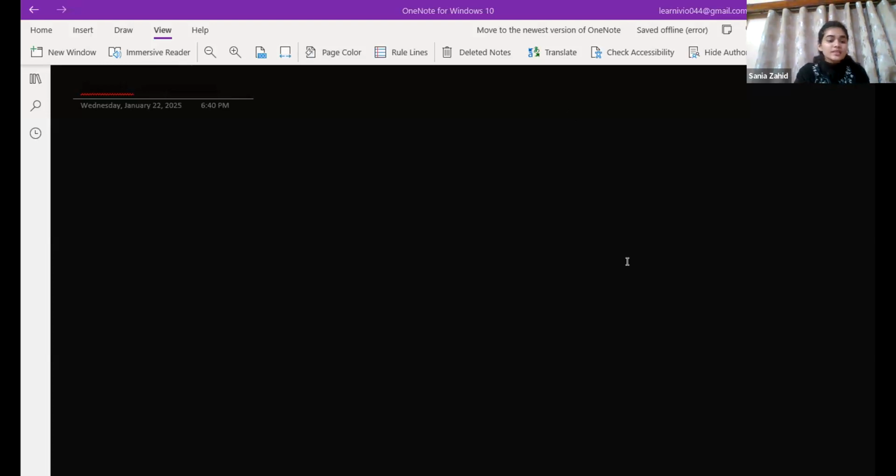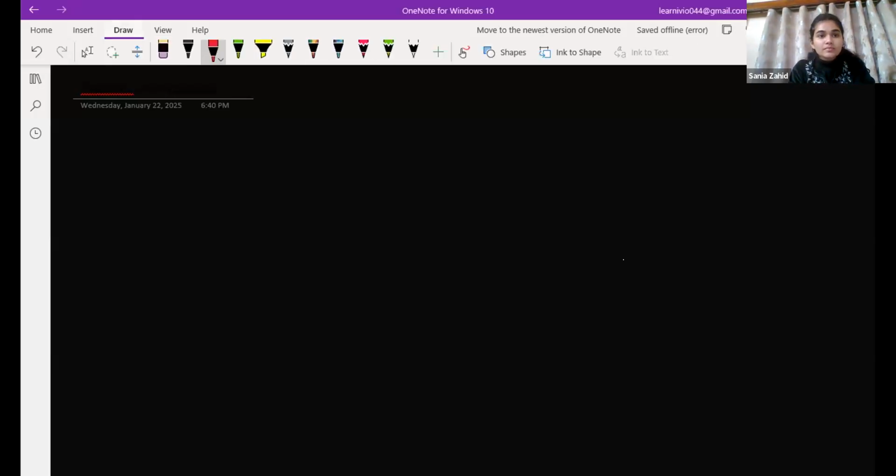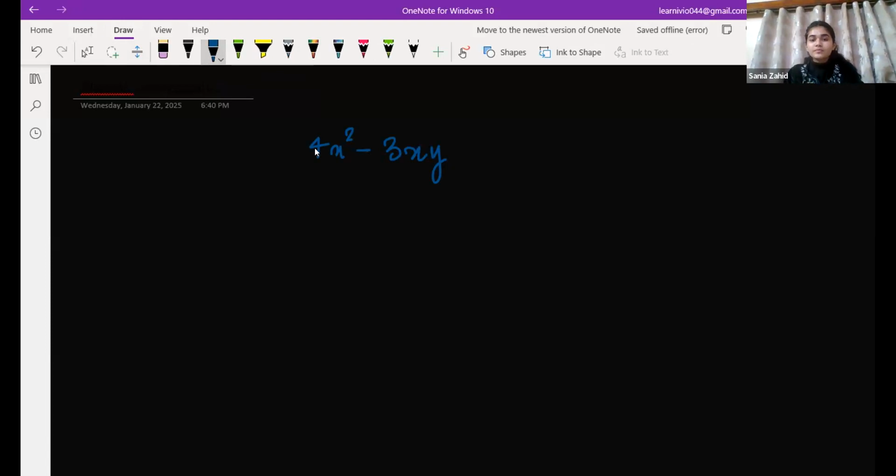So in the lesson, algebraic expressions, first of all, you need to understand what you understand by an algebraic expression and terms of an expression. See, for example, you have an expression 4x square minus 3xy. So Razan, you see this is an algebraic expression, right? You see it? Yes, ma'am.